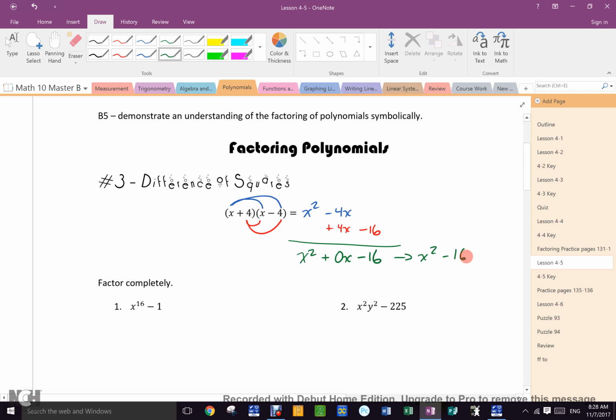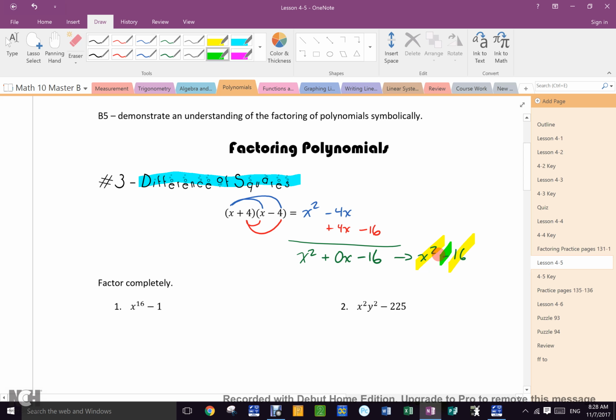Now, you should notice from the title of the section, difference of squares, and the fact that that is a square, and that is a square, and they are being subtracted, that this is indeed a difference of square numbers.